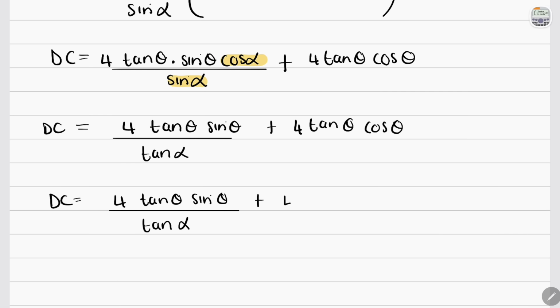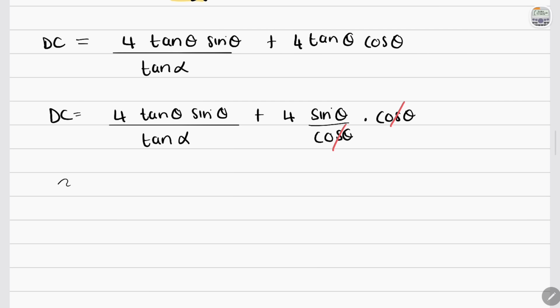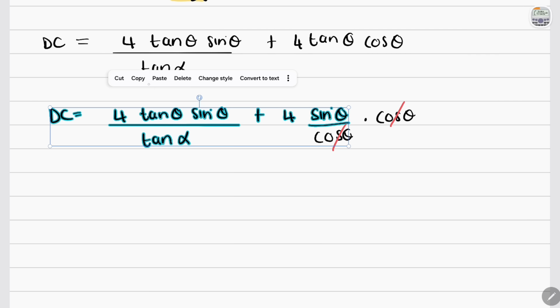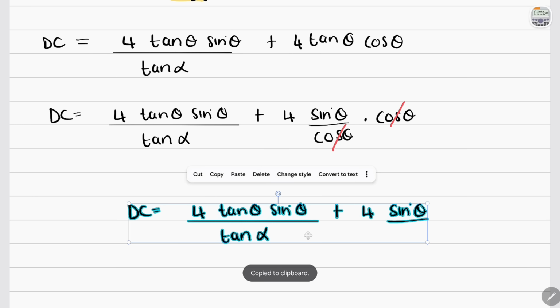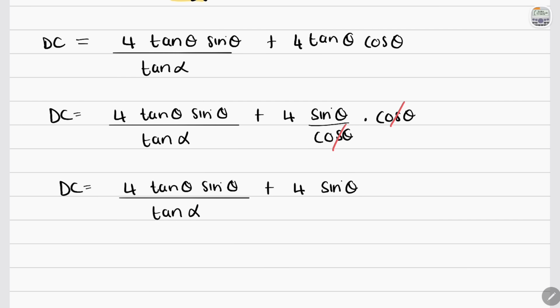And then plus, this is now 4 sine theta. So we're going to write it as sine theta over cos theta, which is multiplying to cos theta. So do you see that these two would just cancel? And so all that we are left with is everything else, and then just the 4 sine theta in the numerator. Okay, so this is what we end up with.